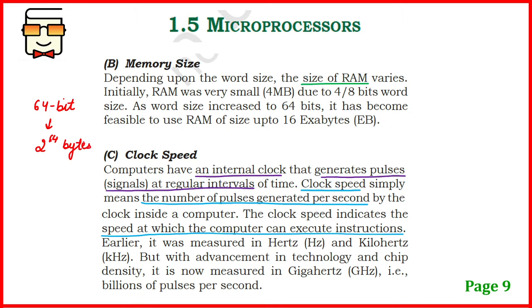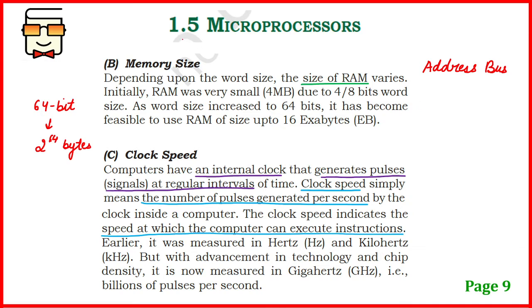Now how is that? We know that there are different system buses that we have studied previously, and there is something known as the address bus. An address of a memory location has to be placed on the address bus. So the maximum address size you can have is directly determined by the word size of the CPU.